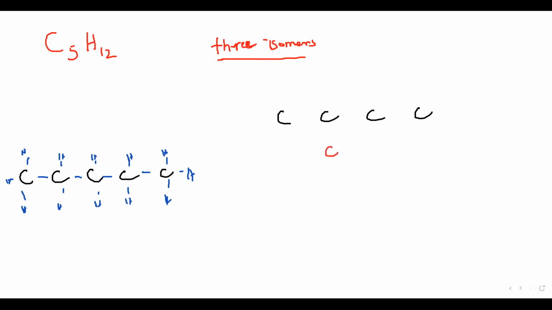It's the same thing. Because it's an alkane, they all have a single bond. So this will have 3 hydrogens, this will have 1 hydrogen, 2 hydrogens, 3 hydrogens, and 3 hydrogens. So they are isomers. This is the second isomer, but we have to draw the third one.